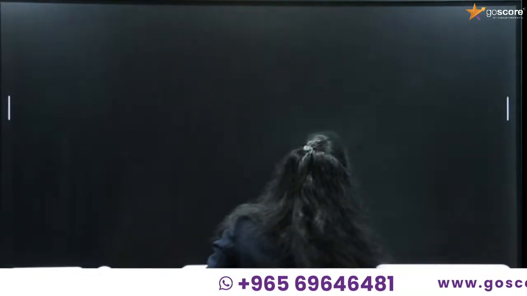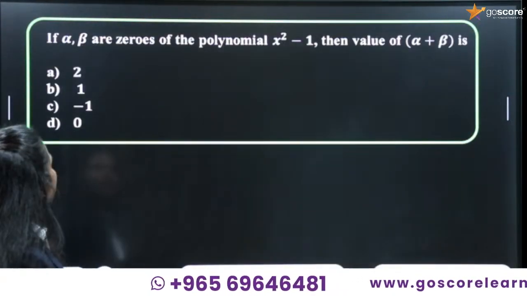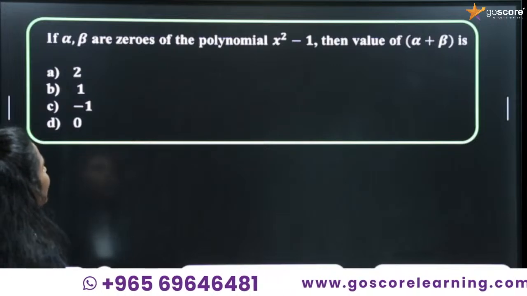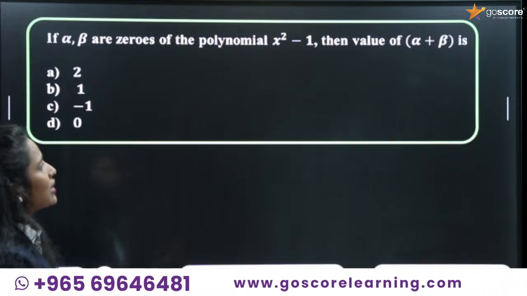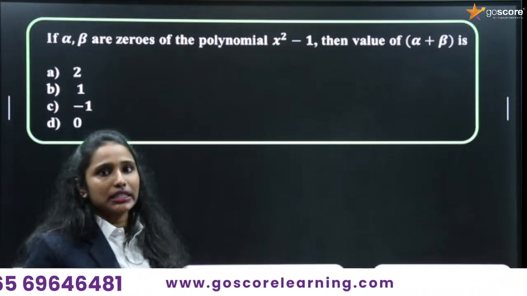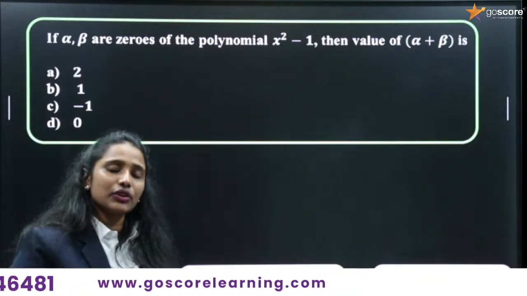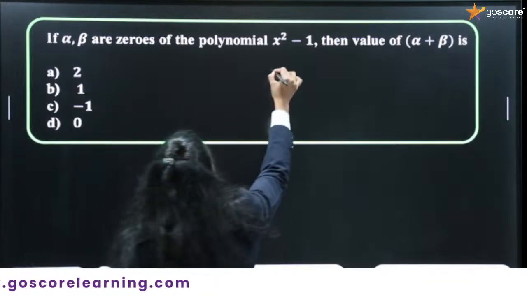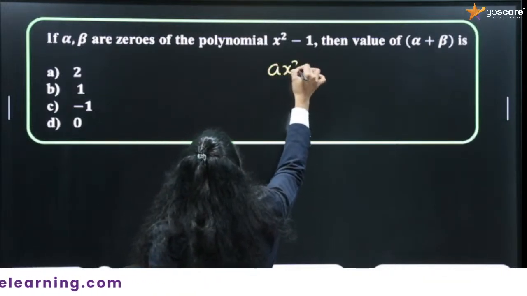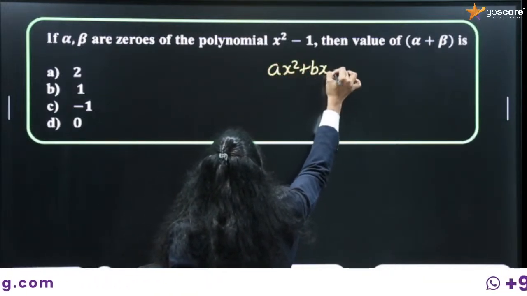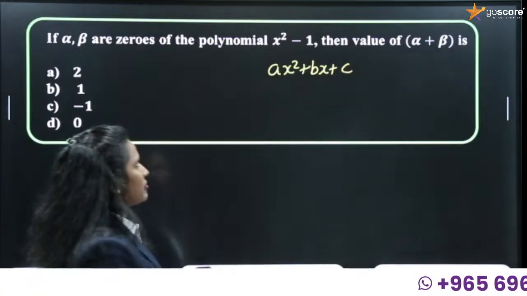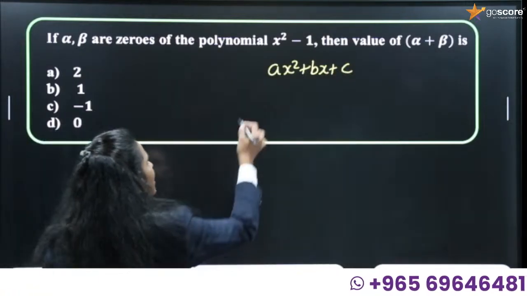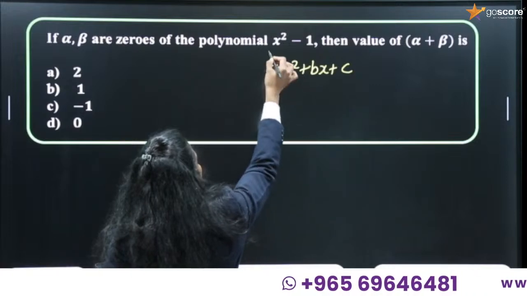Now the next one. Alpha, beta are zeros of the polynomial x square minus 1. Then value of alpha plus beta. Here again, we need to compare it with the standard form. So standard form is ax square plus bx plus c. Okay. Now the coefficient of x square is 1.